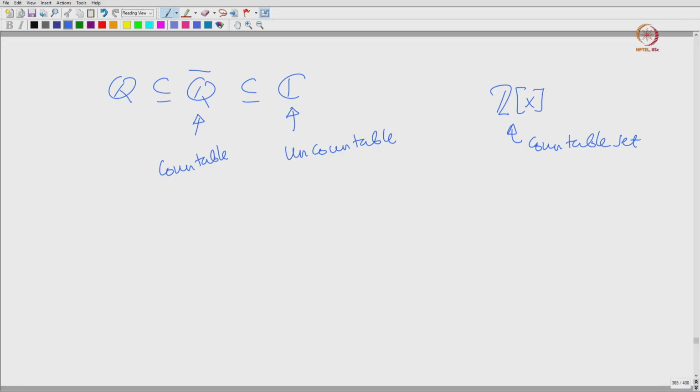That means most of the complex numbers are not algebraic. These non-algebraic numbers are indeed very much dense inside the complex numbers, and we call them transcendental numbers. So, the elements of C minus Q bar are called transcendental numbers.